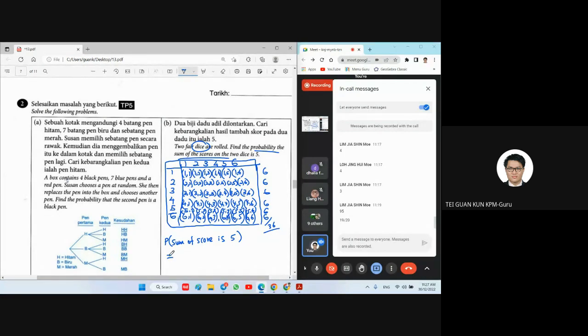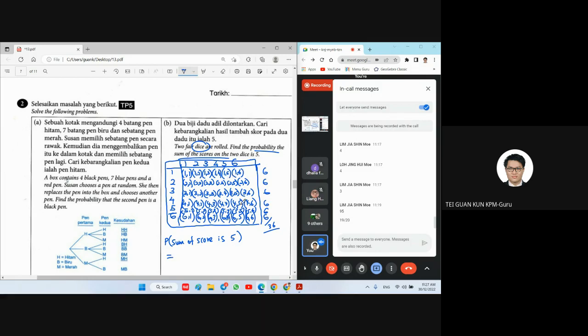Ada 36 outcomes. So how do you get the outcomes? You have to do this table, otherwise how you know the outcomes? Okay? Ada masalah tak untuk hasilkan outcomes ni? Faham tak ini?